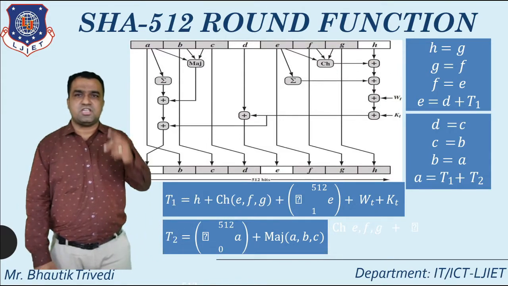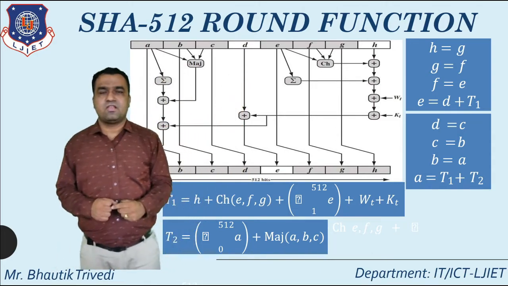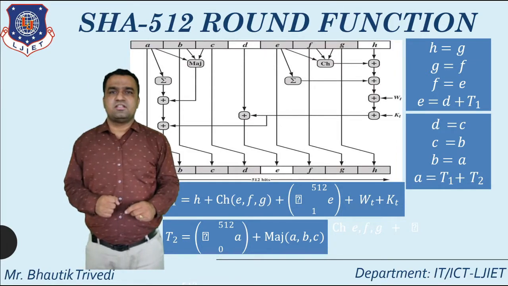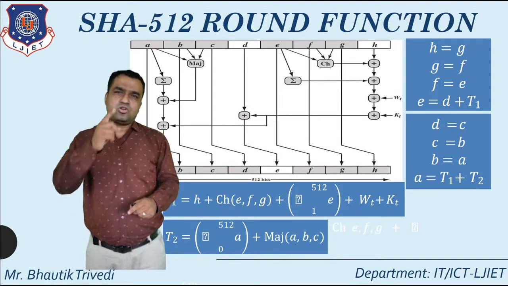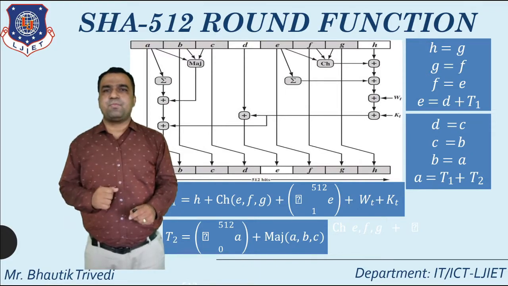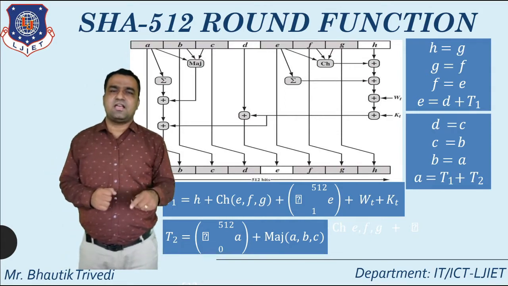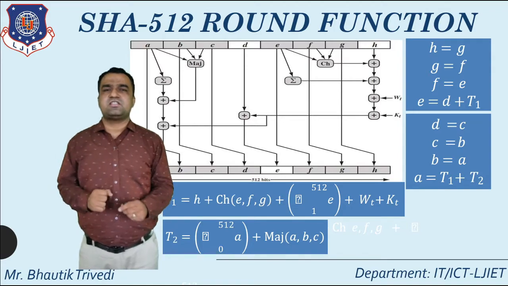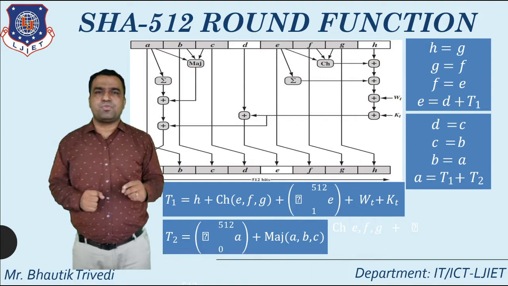First of all, in this diagram you see H plus the function Ch of E, F and G. At the top of the diagram, the inputs E, F and G are directly passed to the Ch function, plus Sigma 1 of 512 applied to E, plus Wt plus Kt.